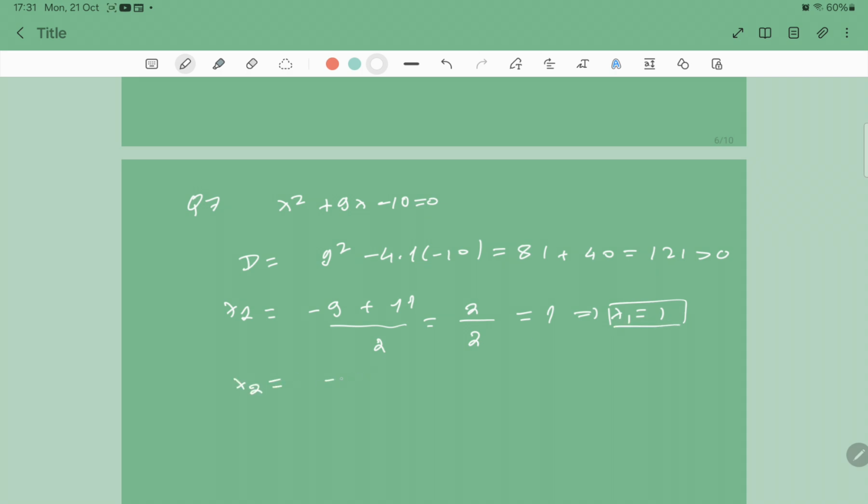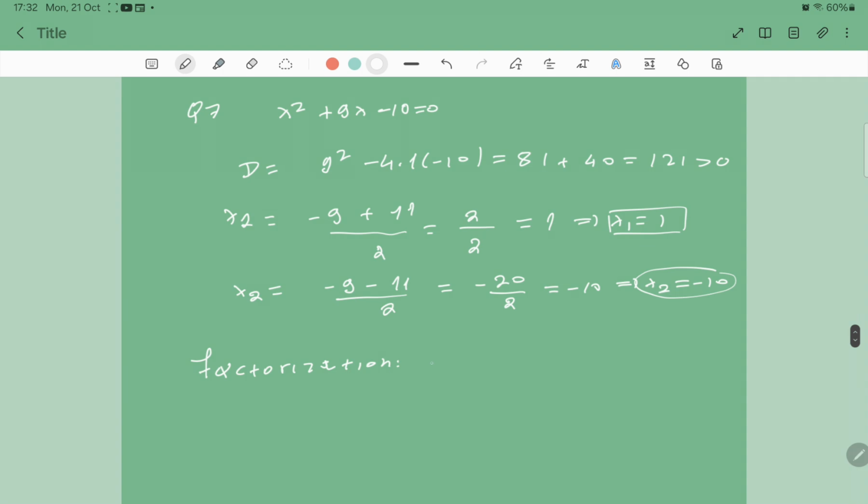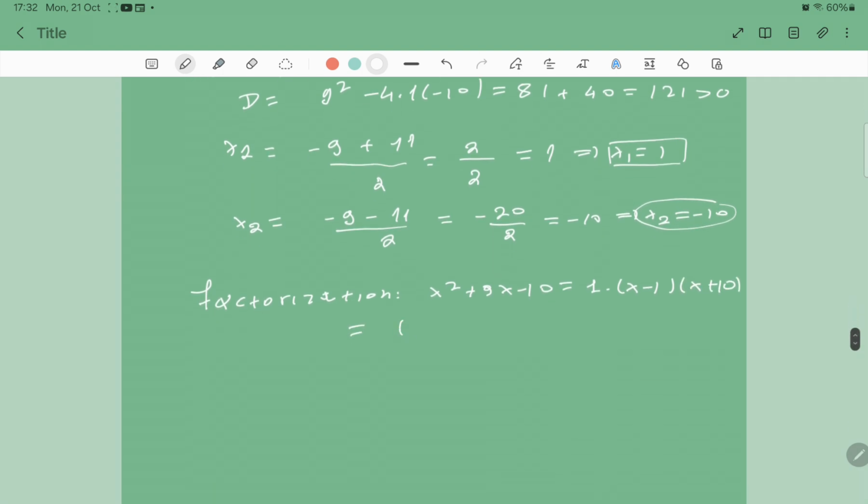And x2 equals minus 9 minus 11 divided by 2, minus 20 divided by 2, equals minus 10. So here I can write this polynomial of degree 2 as a factorization, the product of two polynomials of degree 1, x minus 1 times x plus 10.